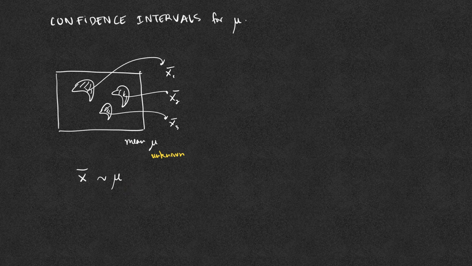Now, there is a problem with this point estimate. Suppose the unknown mean is somewhere in the middle of the population distribution here. When we compute x bar, we might not get the same value as this unknown mu, but these x bar are very close to mu. In fact, when the normality conditions are satisfied, we will see a bell-shaped curve.